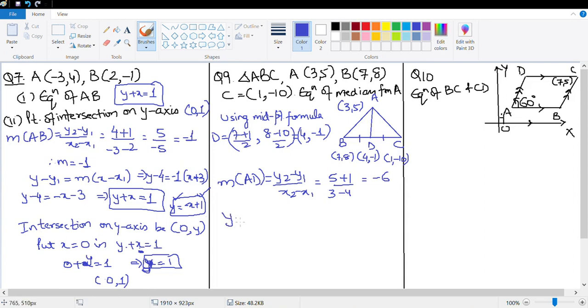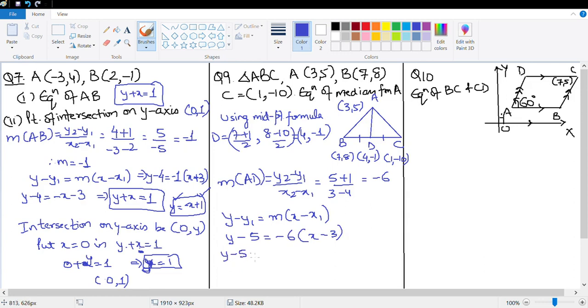So now we know the equation of AD will be y minus y1 is equal to m times x minus x1. Let's substitute. So y minus y1, let's take that point to be 5, is equal to m, which is negative 6 times x minus x1, that's 3. Let's open the bracket.